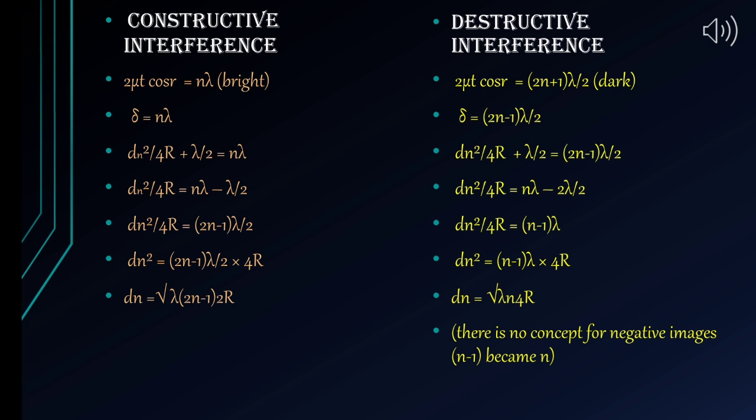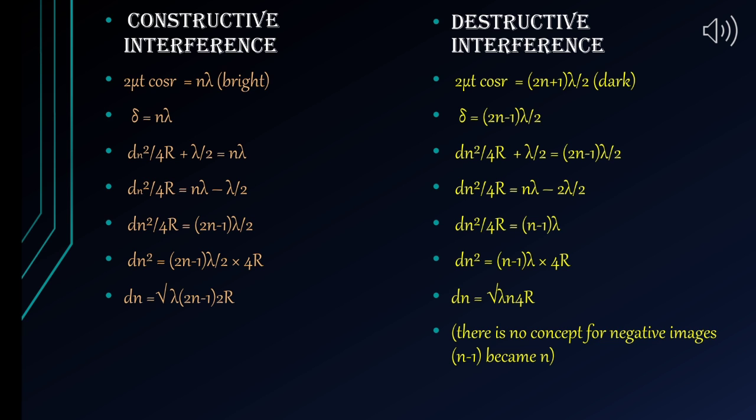Sending lambda by 2 to the right side, dn square divided by 4r is equal to n lambda minus lambda by 2, which is 2n minus 1 into lambda divided by 2. Then sending 4r to the right side, dn square is equal to 2n minus 1 into lambda by 2 into 4r. Taking the square root, dn is equal to square root of lambda into 2n minus 1 into 2r. Here dn is the diameter, which is equal to 2r.